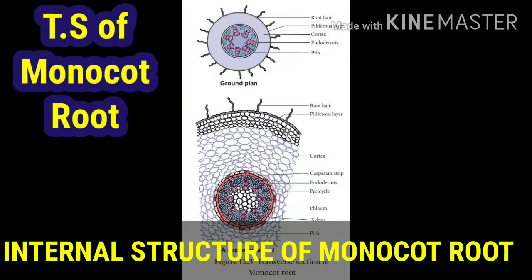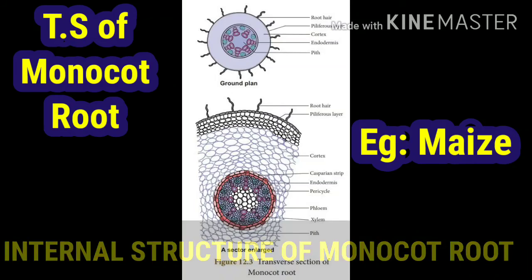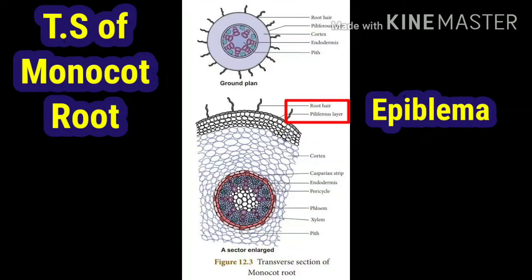Children, let us see the internal structure of monocot root. Example, maize. In this internal structure of monocot root, several characteristic features are present. First one, epiblemma or rhizodermis.